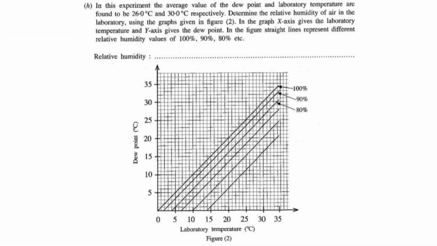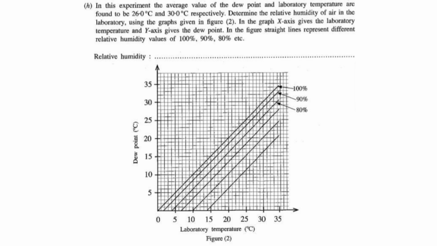Then part H. In this experiment, the average value of the dew point and laboratory temperature are found to be 26 degrees Celsius and 30 degrees Celsius respectively. Determine the relative humidity of air in the laboratory using the graph given in figure 2.